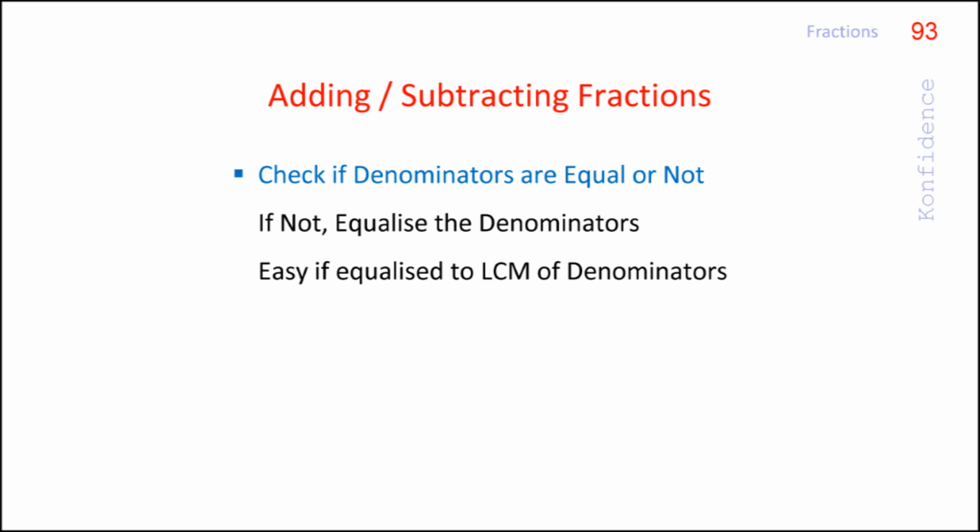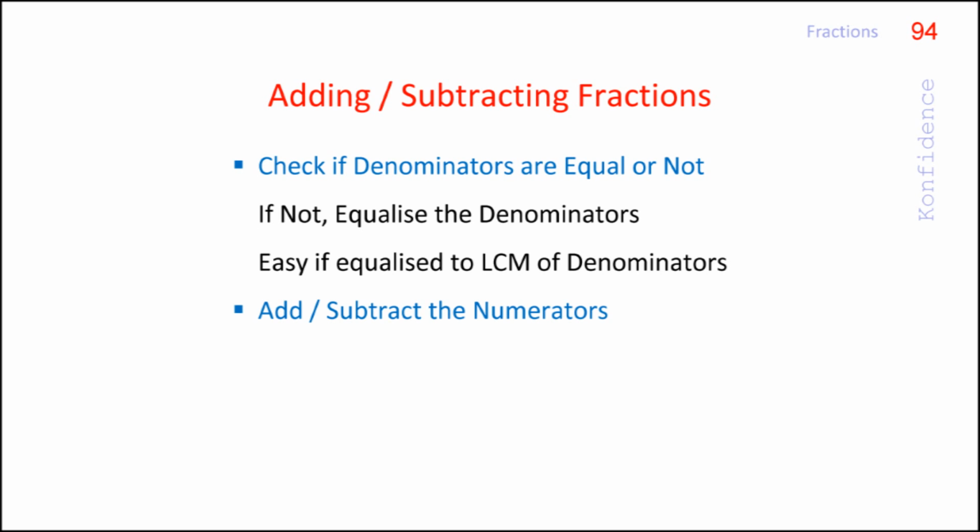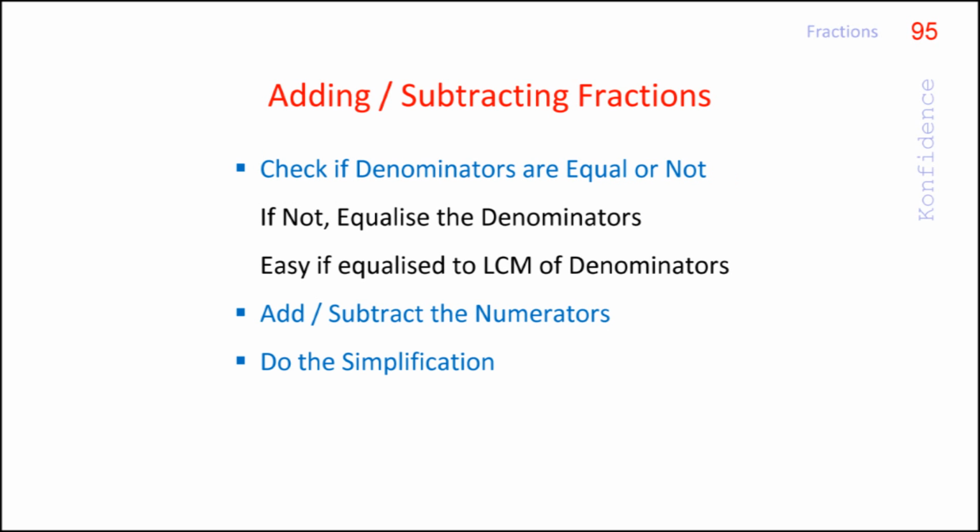While doing this, the value of the fraction should not change. For that, we have to multiply both the numerator and the denominator of a fraction with the same appropriate number. Step 2. Add or subtract the numerators of the individual fractions. And step 3. Do the simplification if there is anything to be done.